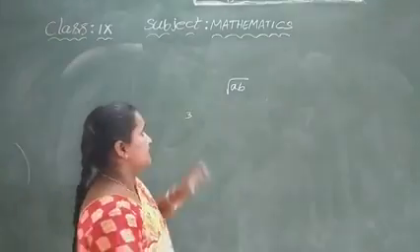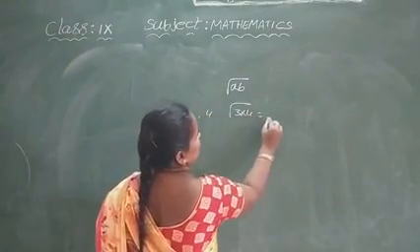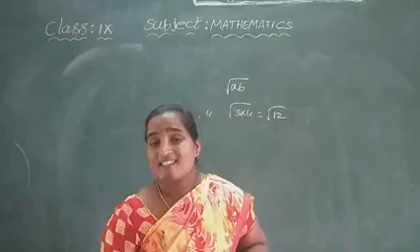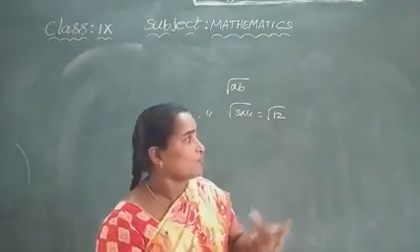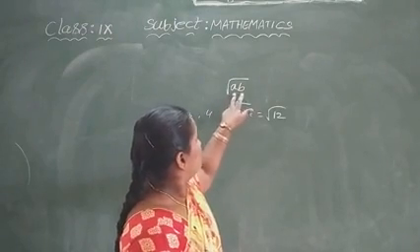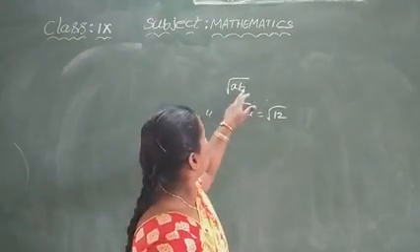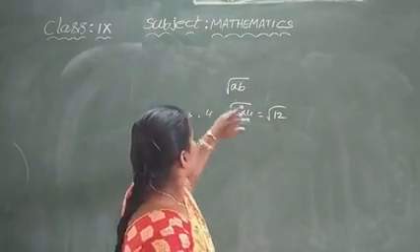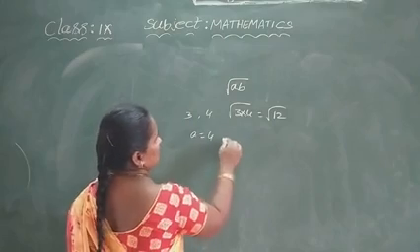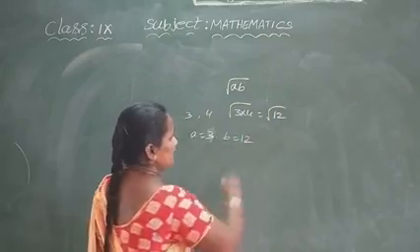For example, I will take 3 and 4. Then you take 3 into 4, that means root 12. Then why do you take AB is not a perfect square? For example, A is equal to 3 and B is equal to 12.